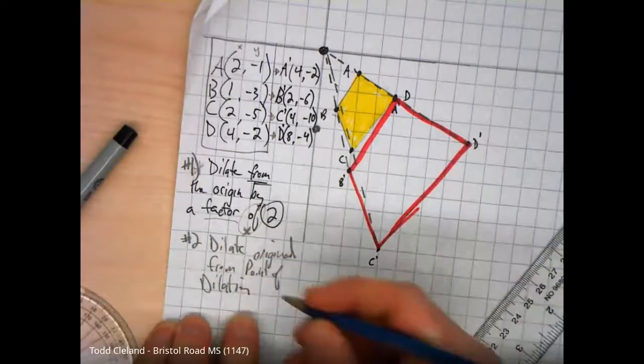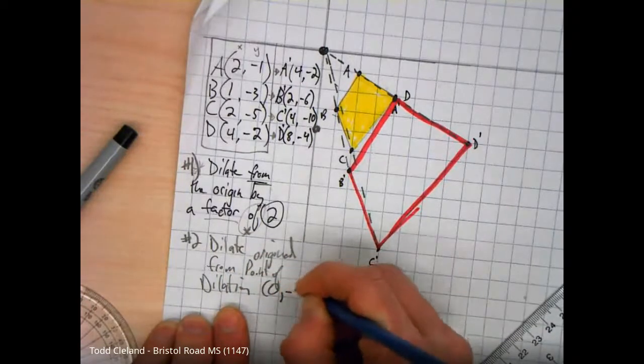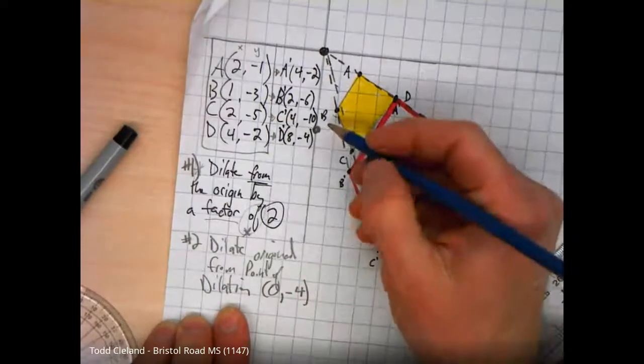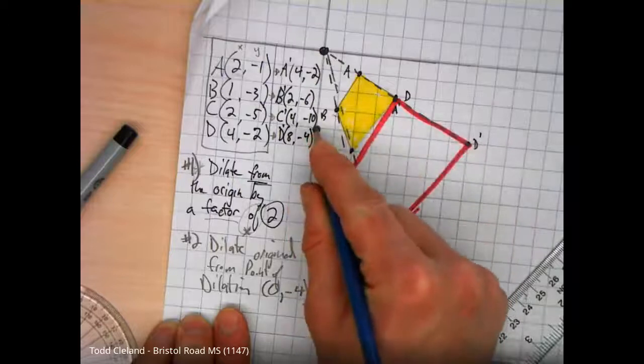So please dilate this from the point of dilation 0, -4, and we're going to see what happens when this becomes our point of dilation.